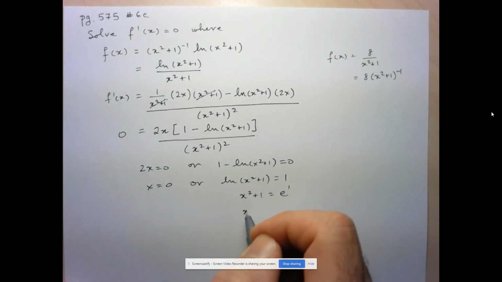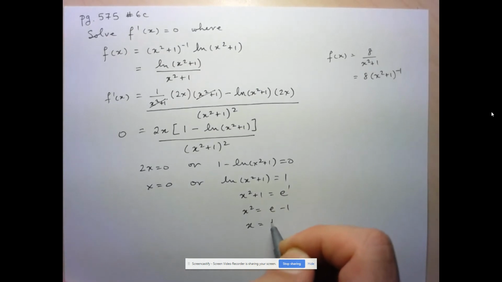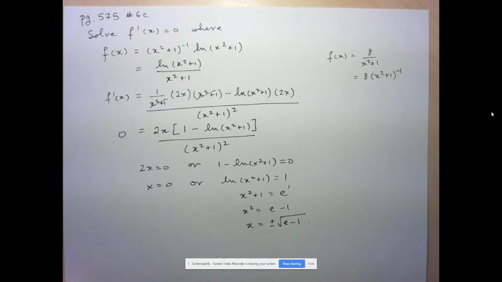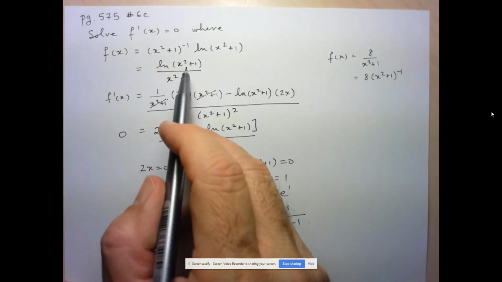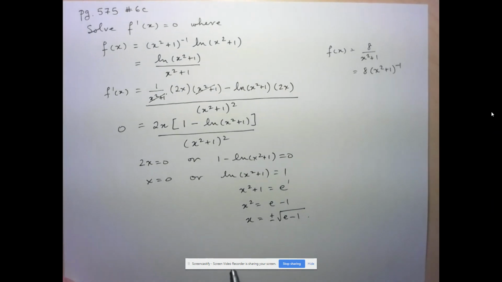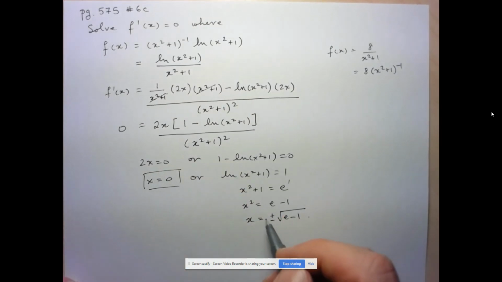So here x squared is equal to e minus 1, and then x is equal to positive or negative square root of e minus 1. Okay, and again, I don't need to worry that this number is negative, because when I'm inputting it into the logarithm, x squared plus 1 will still be greater than 0. All right, so looks like we've got three answers here. We have that x can be equal to 0, or x can be equal to plus or minus square root of e minus 1.